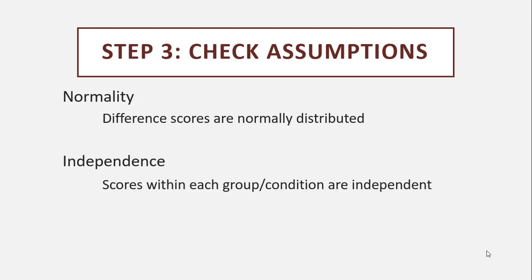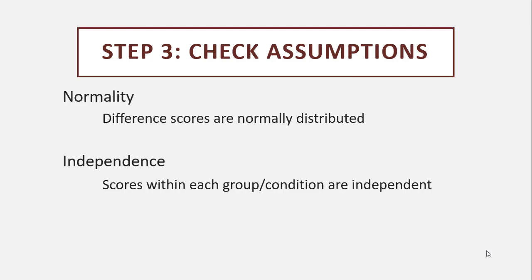Similarly, independence is a little bit different because now I don't expect that when I test a person at time 1 and time 2, their scores are independent from each other. That's not tenable. That's not a good assumption for this test. In fact, we assume that their scores are dependent. They are related to each other. So it's not about are the scores independent, right?